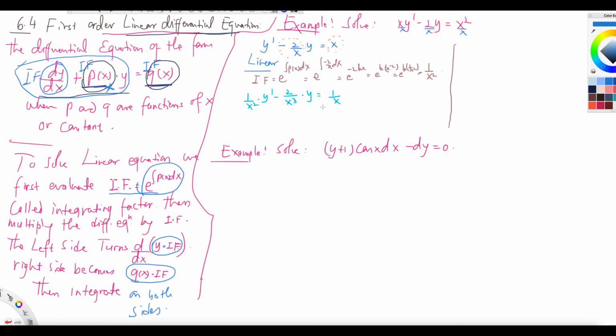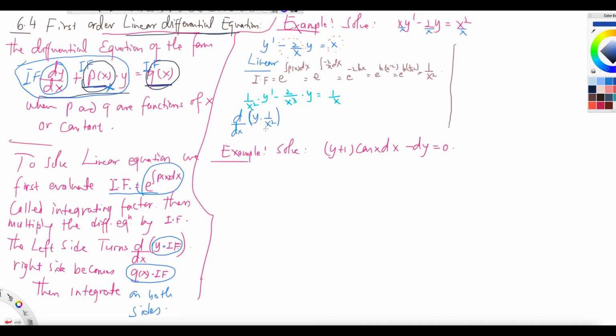After you multiply, the left hand side can always be written as d over dx of y times the integrating factor. So always the left hand side can be written like that. If you don't agree, you can just try. Let us use the product rule here: 1 over x squared times y prime, plus y times the derivative of 1 over x squared, which is negative 2 over x cubed.